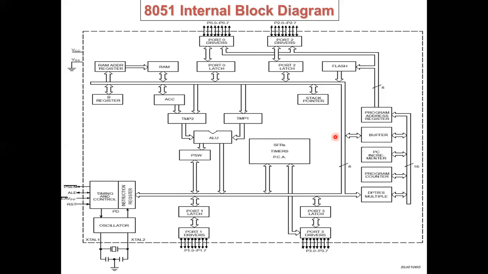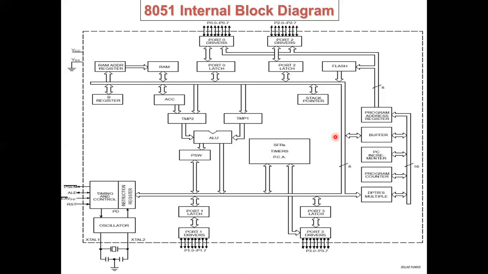Then they are using a latch in the port, which is also used as a buffer. Port 1 and port 2 and port 3 are used as address and data bus. As already said, the ports are used for multiple operations.